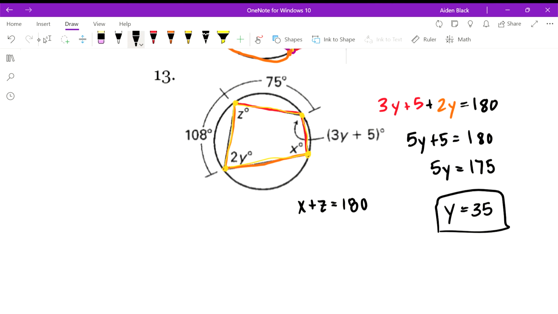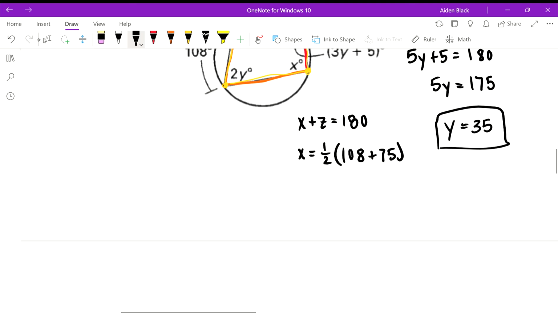Okay, and we know x is equal to 1/2 of its intercepted arc, which is 108 plus 75. So x is equal to 1/2 of 183, which is equal to 91.5.